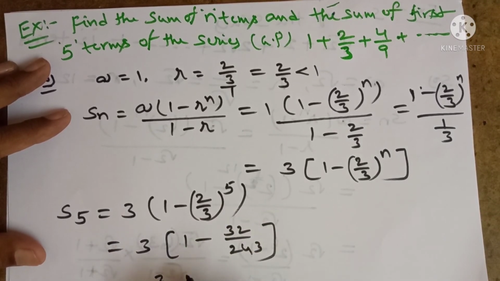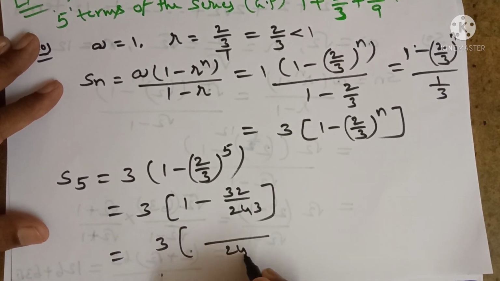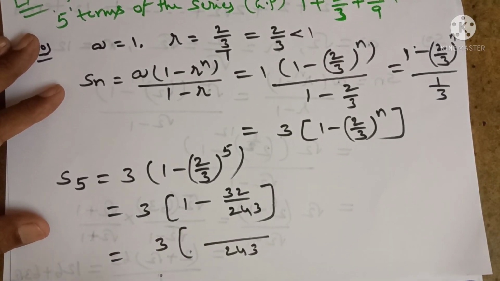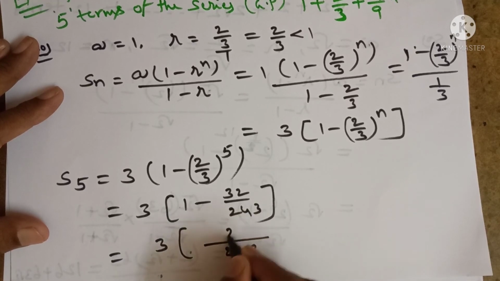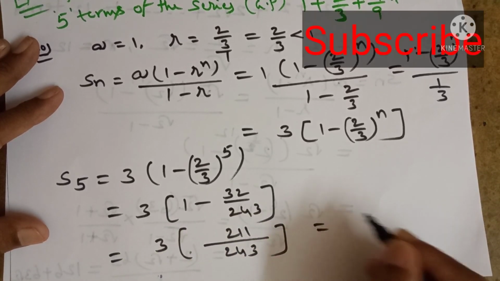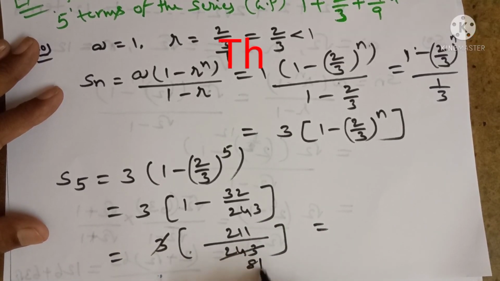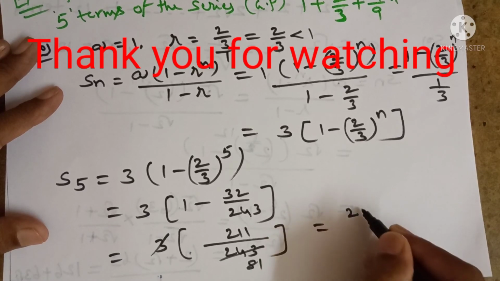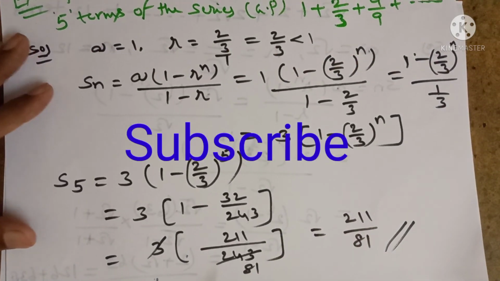This is equal to 3 into, LCM 243, so 243 minus 32. This is 211. This is equal to 3 into 211 by 243. 3 ones are 3, 81 ones are cancelled. Now 211 by 81. This is the final answer.